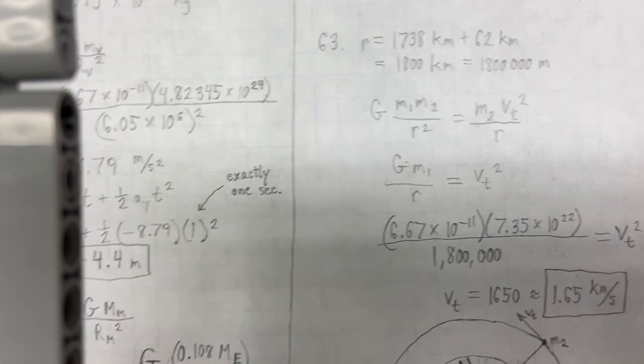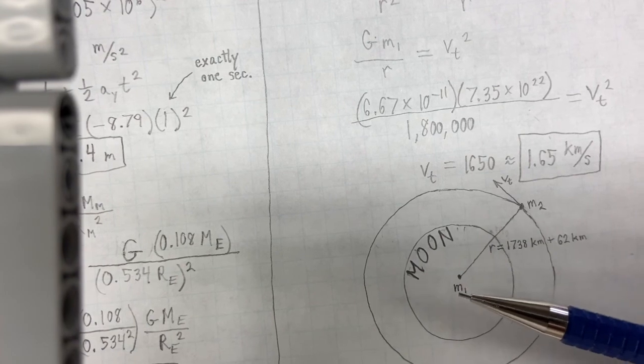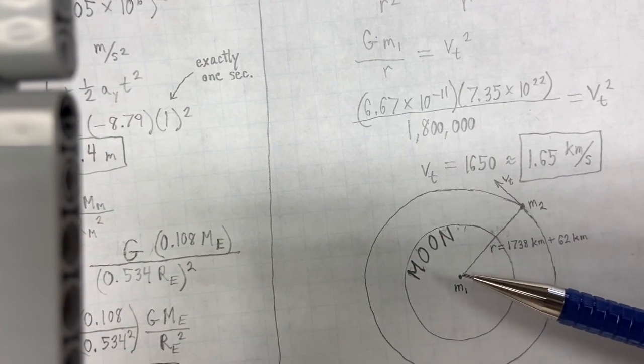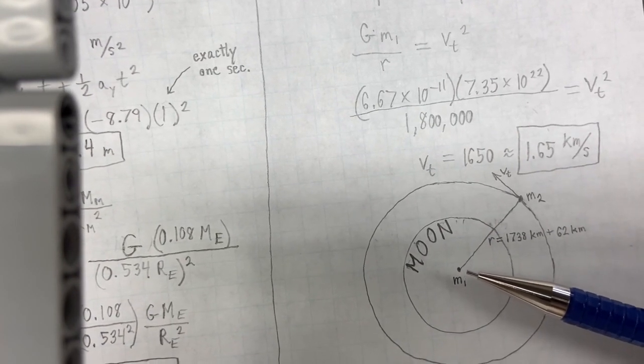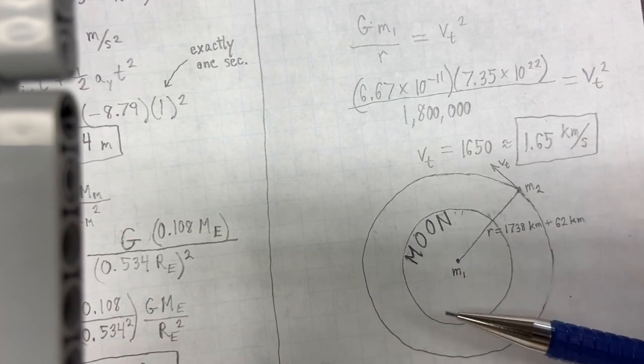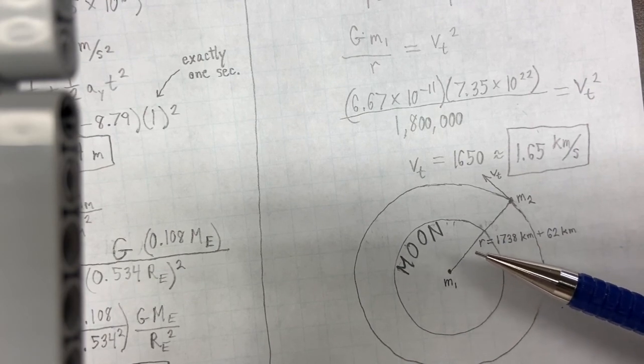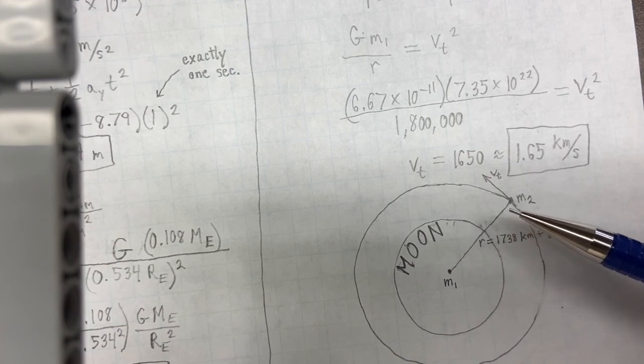All right, now look at what we do for R. Let me explain this. So this M right here would be the center of mass of the moon. And then of course, there is a radius of the moon, but there's also an altitude of the satellite.